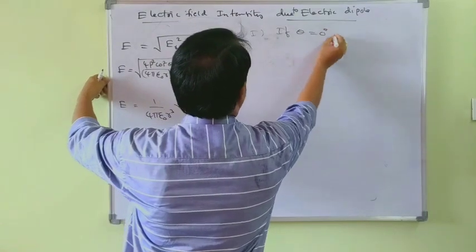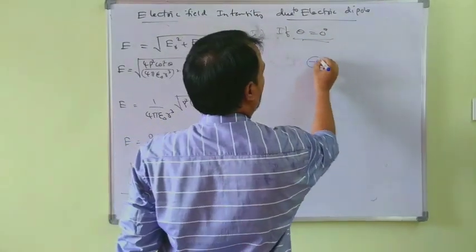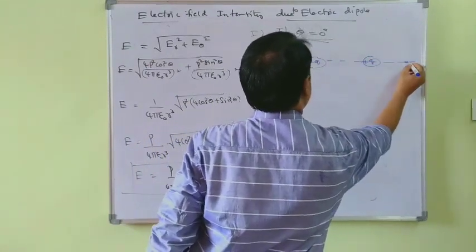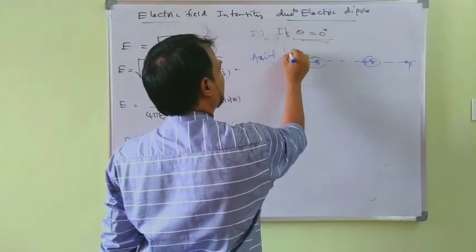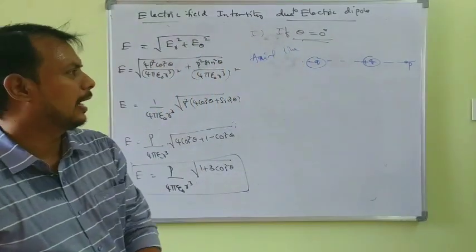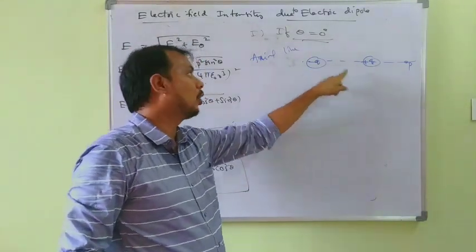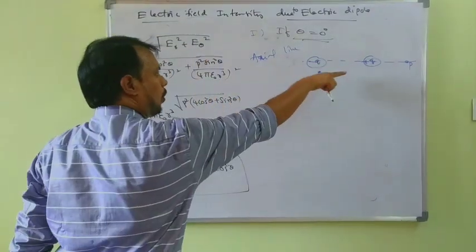If theta is 0, it means the point is along the axis, and this axis is known as the axial line. What do you mean by the axial line? The line passing through the charges and midpoint is called the axial line. On the axial line, theta equal to 0.